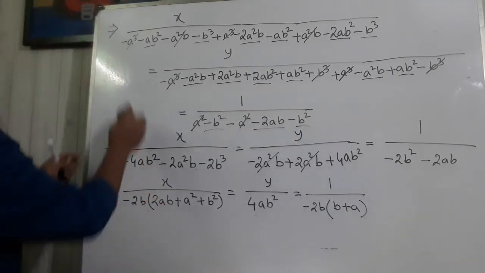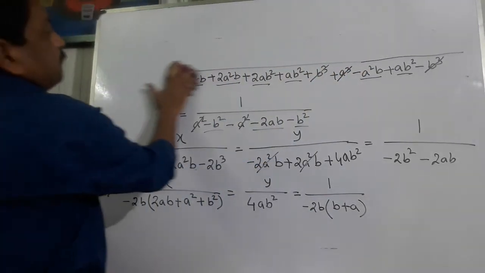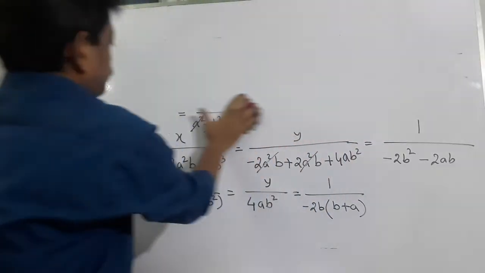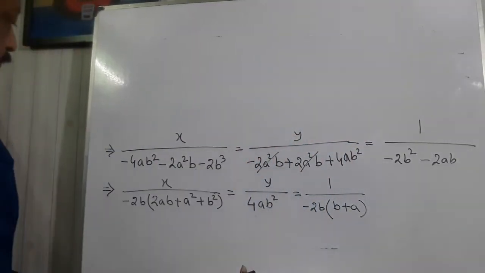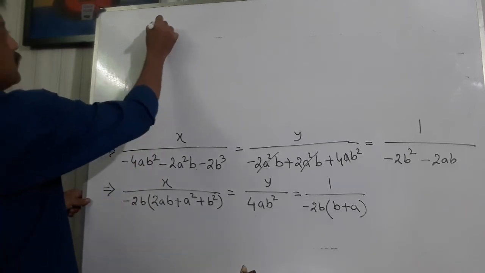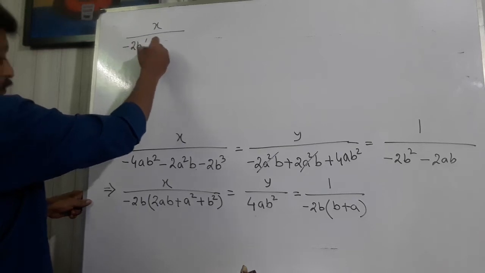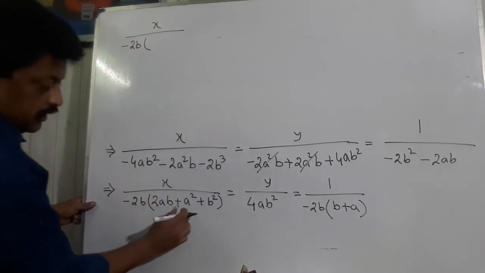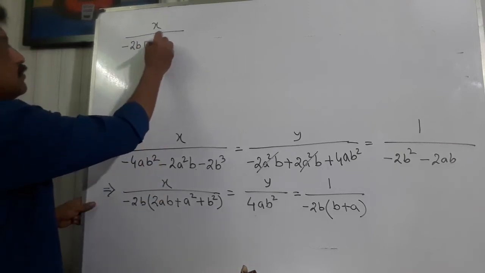Okay, the next step. So x upon minus 2b, inside the bracket it is a square plus b square plus 2ab, that is a plus b whole square.